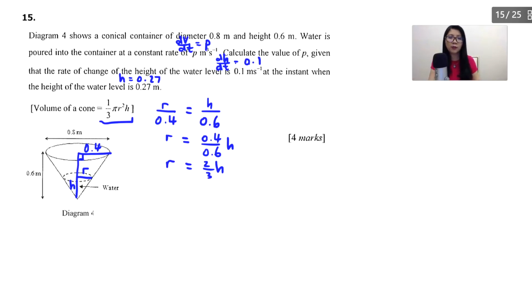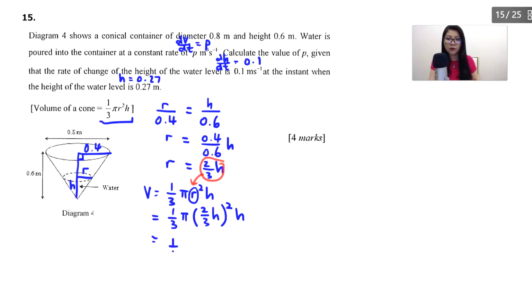Now I'm going to substitute this into the volume formula. Volume is 1/3 of pi r square h. Substituting, it equals 1/3 of pi, where r has become 2 over 3 h, holding square, times h.